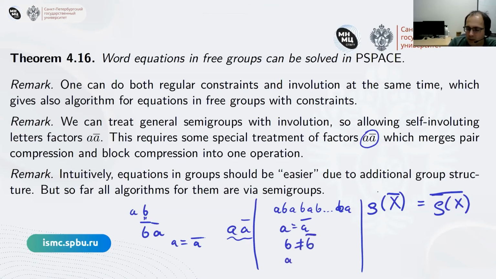And then you also need to compress some triples like AB A bar, because this is the pair AB, this is this involuted pair, they can overlap, but this overlap cannot be extended. So there are some other sequences that need to be compressed, but everything can be done.